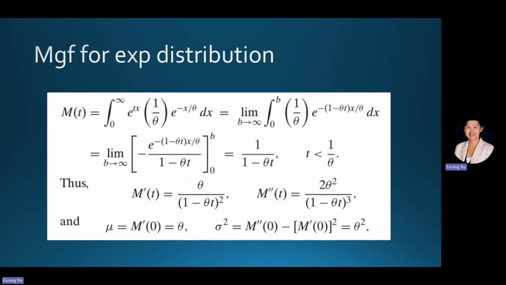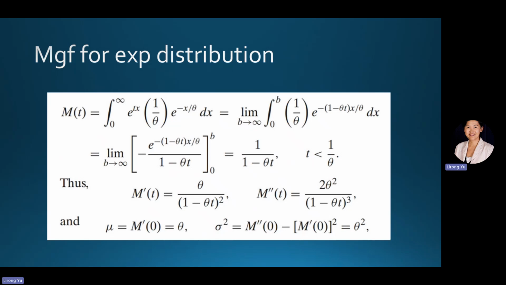This is the MGF, the moment generating function for the exponential distribution. We add e to the tx multiplied with the density, and then combine the exponential functions, integrating from 0 to infinity. We get this 1 over 1 minus theta t. Again, whenever you see that format, 1 over 1 minus a number times t, that will always be a moment generating function for an exponential distribution.